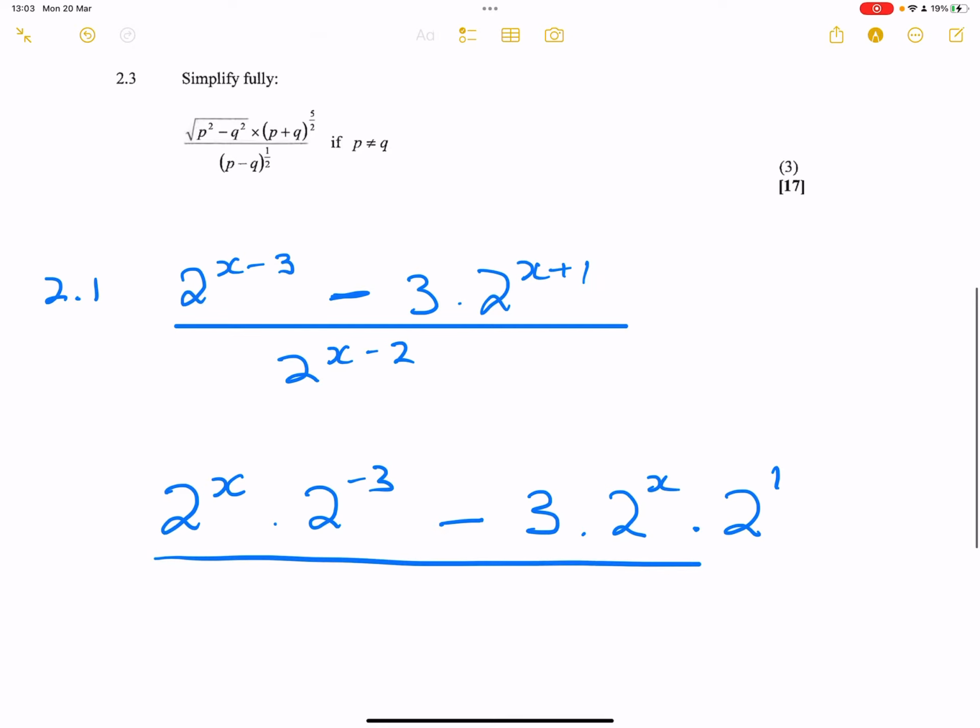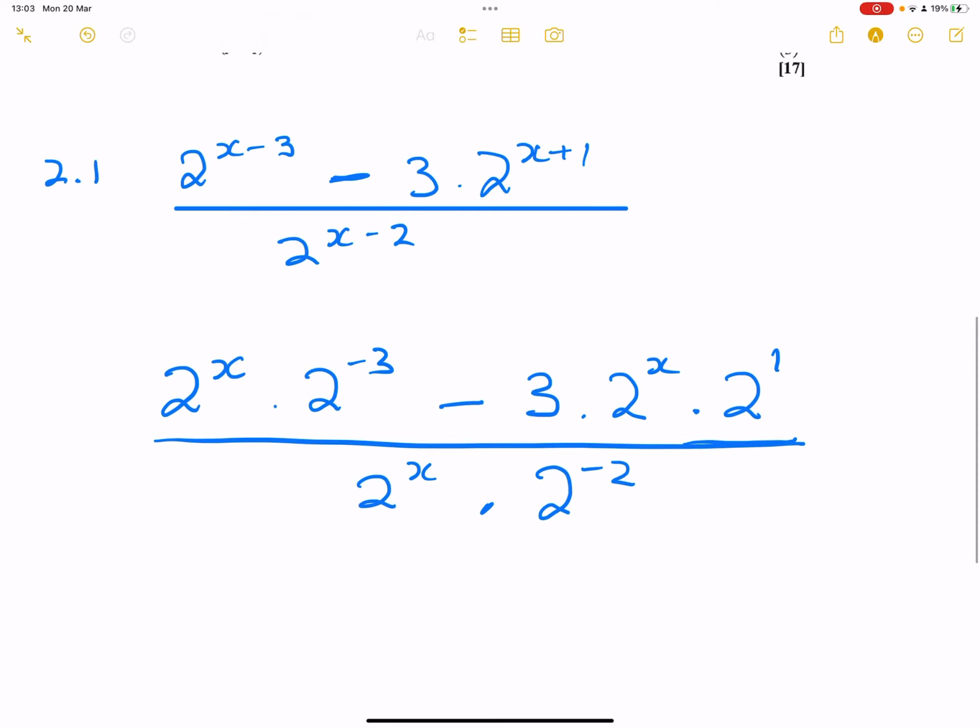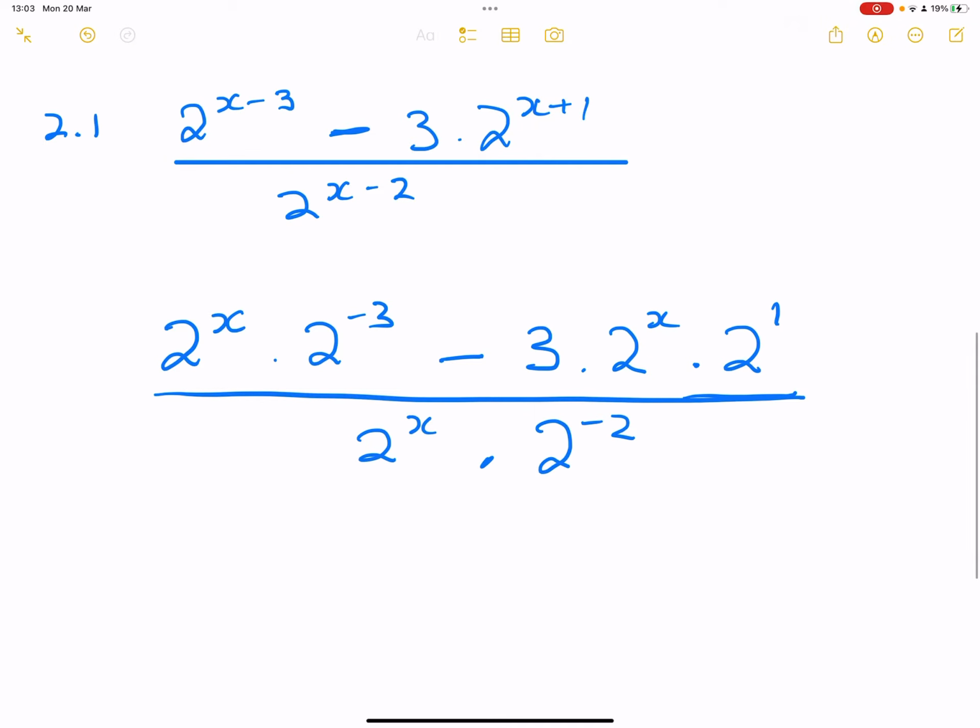If we separate that again, that's going to be 2 to the exponent x times 2 to the negative 2, using the first law of exponents. Now, ladies and gents, I can see at the top I've got a common factor of 2 to the exponent x, so I'm going to take that as a common factor.